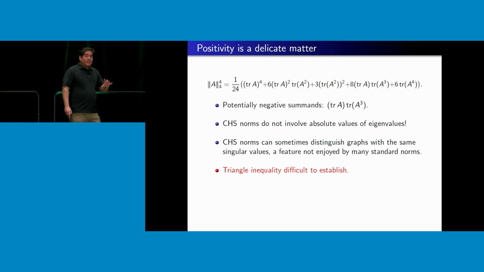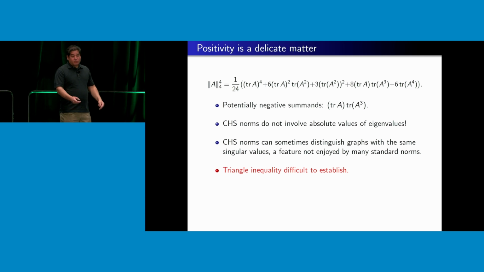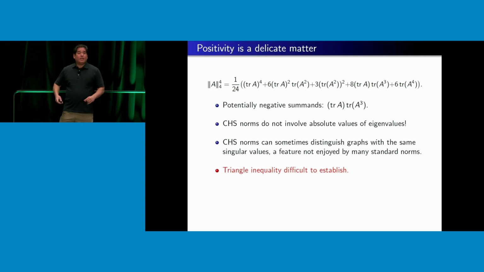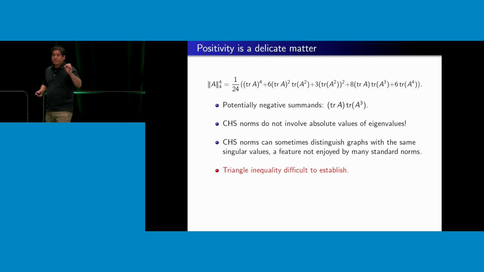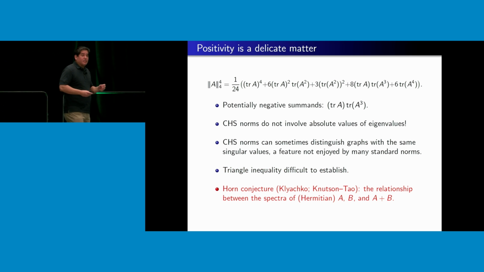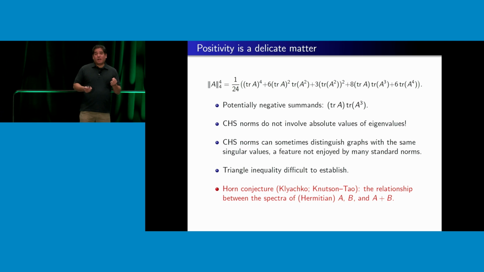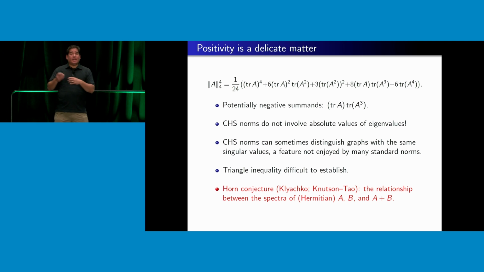The triangle inequality is going to be a little hard to establish because, let's face it, if you give this to a linear algebra class and say, here's this giant expression, prove that it satisfies the triangle inequality, it's not going to work out. One reason, morally speaking, that it makes sense that the triangle inequality is not trivial is that you're talking about a relationship between the eigenvalues of A, B, and A plus B, where A and B are Hermitian matrices.